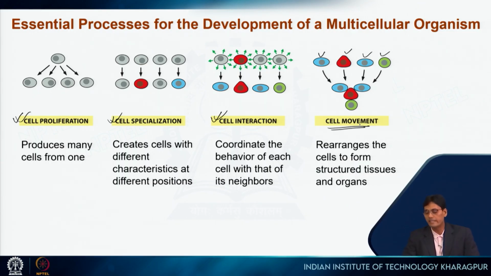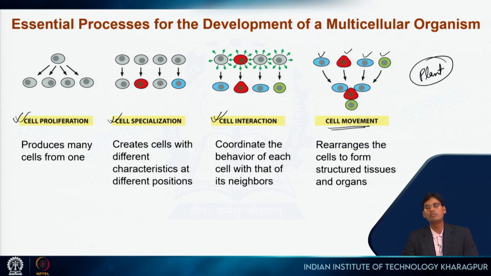As you can see, in case of plant development, cell movement is almost not there, because as you know, in plants those cells have a cell wall, which is a very hard structure, and those cell walls are cementing those cells in the surrounding region.